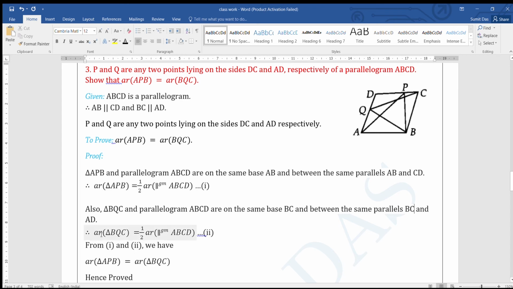So therefore area of BQC is equal to half of area of parallelogram ABCD. So from 1 and 2, both are equal to half of area of ABCD parallelogram. So we got area of APB equal to area of BQC. That's what we have to prove. Hence proof.